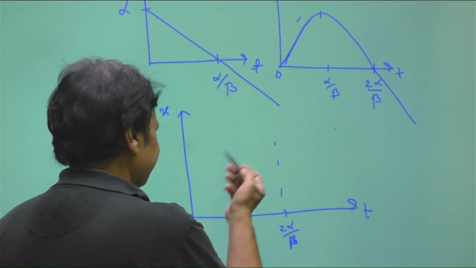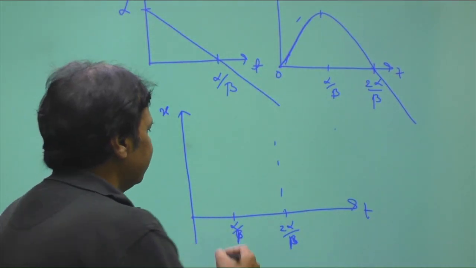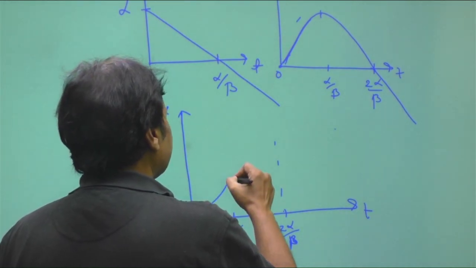And I started from somewhere, x equals 0 I took. So at t equals 0, x equals 0. And then it keeps on increasing.